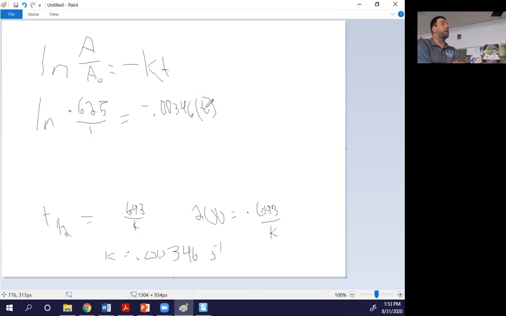You put in your calculator first ln, and it will automatically open parentheses every time you do ln. So ln 0.625 divided by 1, close parentheses, divided by negative 0.00346. If you forget the negative sign, your answer is going to be negative, so you just have to make it positive. You can't have a negative time.